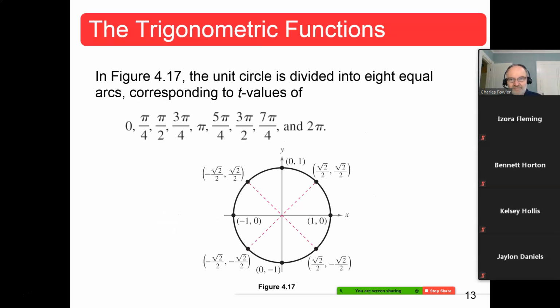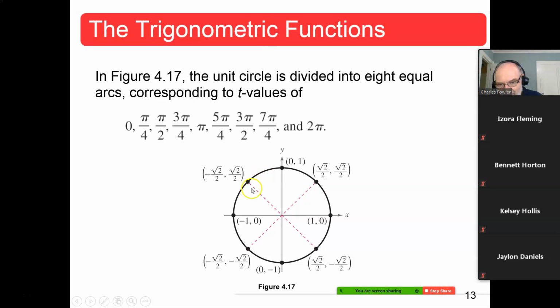Now, remember those favorite angles we had? They don't list them all here, they just list a few of them. This is when you divide that unit circle into 8 equal arcs. In other words, all the way around is 2 pi, of course.